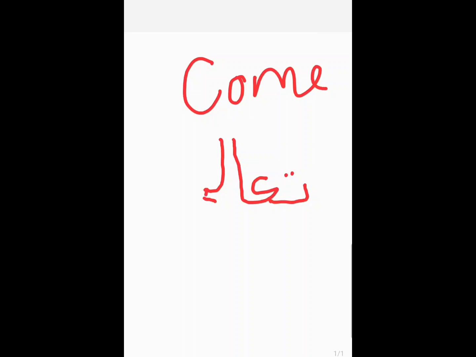And this ya, ta'ala, this ya, since it doesn't have two dots down, so it is ya, we call it as a. So ta'ala, you have to remove these two dots. This ya, we will call it as a. So ta'ala. If we put two dots, it will be ta'ali.